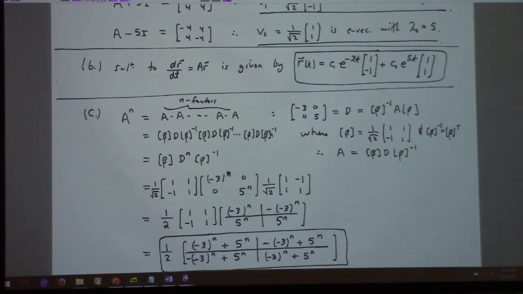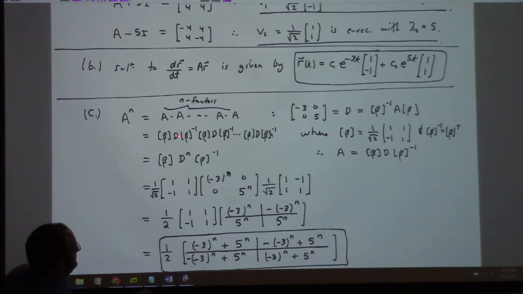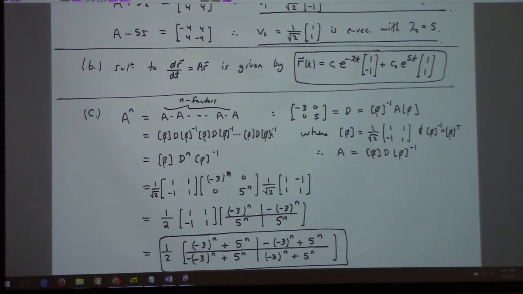So A to the n is A times A times A times A times A times. Well, you get the idea. And so if we can diagonalize A, that means we can undiagonalize the diagonal matrix to give me back A. So like A is beta D beta inverse, right? So I just take that here and I plug it in n times. But you notice what happens in the middle. These cancel, and we're just left with D times D times D, n times, right? But a diagonal matrix raised to the nth power is easy.